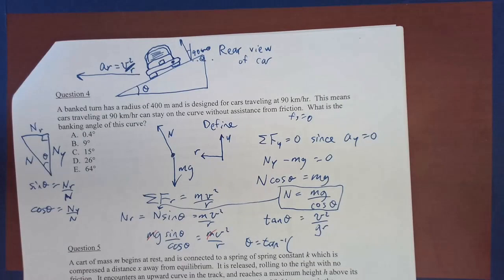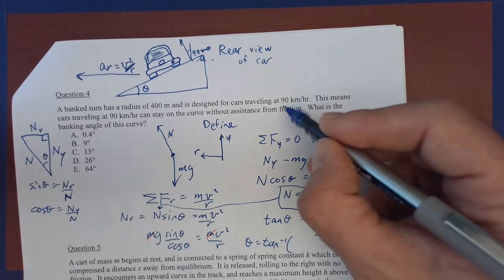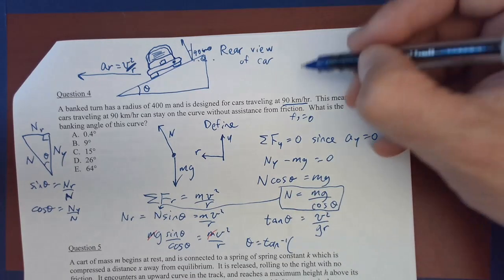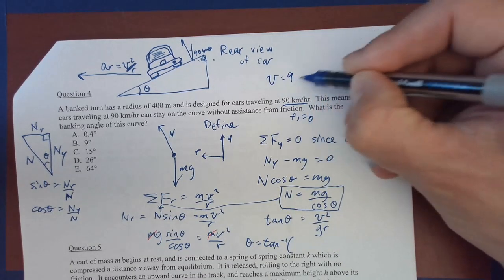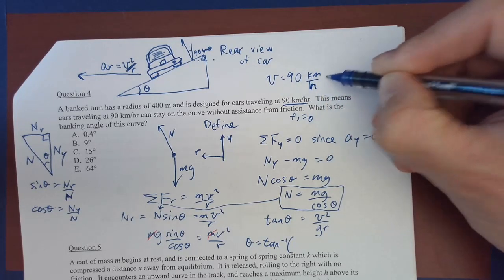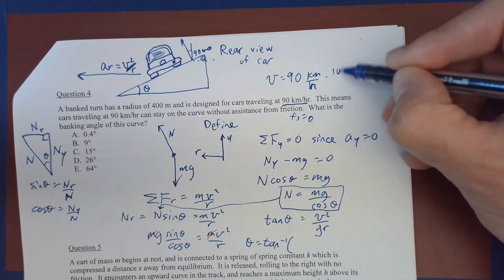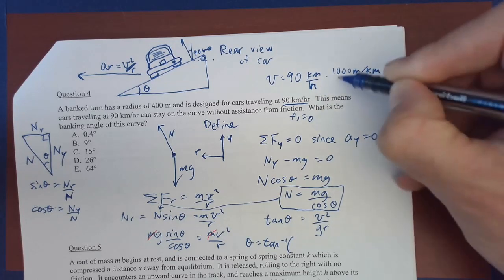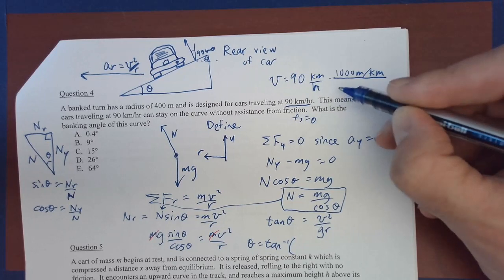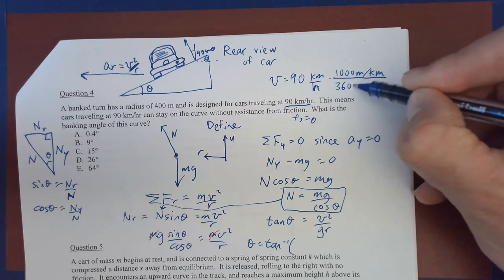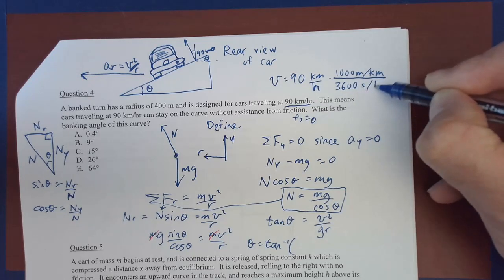whoopsie, I can't put 90 in there because that's not SI units. And I'm going to use g and r, which are both going to be in meters per second squared and meters. So I need to first convert v, 90 kilometers per hour, times 1,000 meters per kilometer, and then divided by 3,600 seconds per hour.